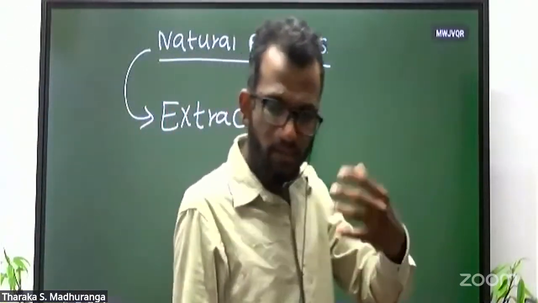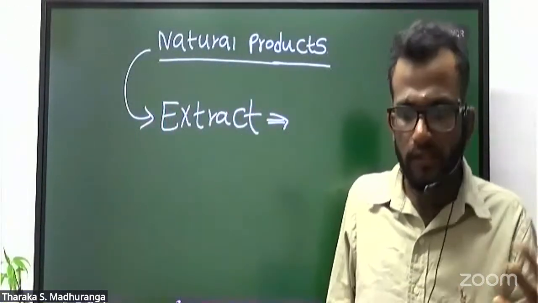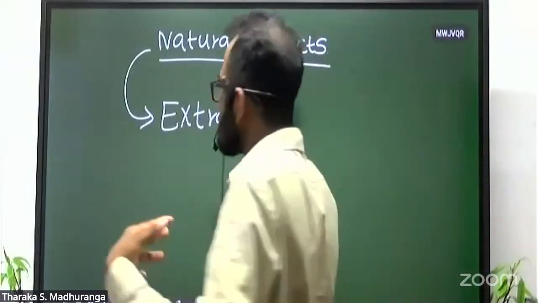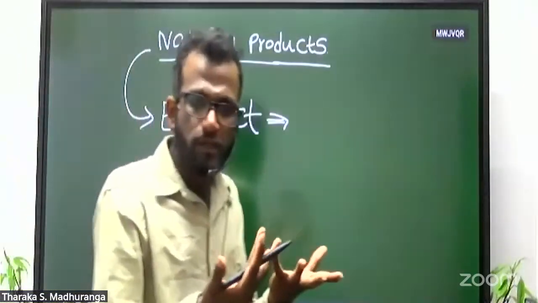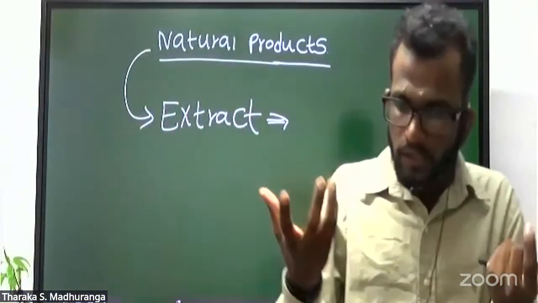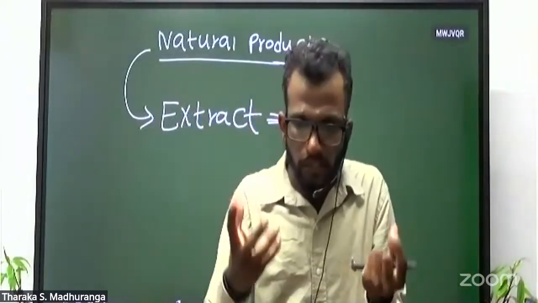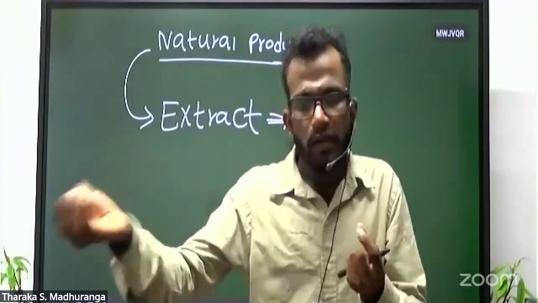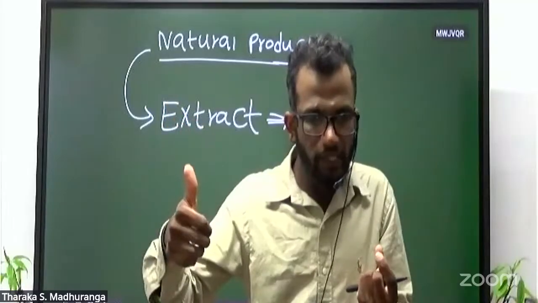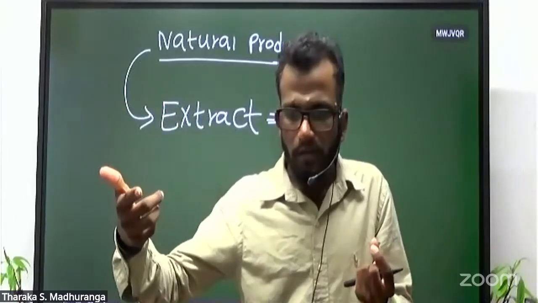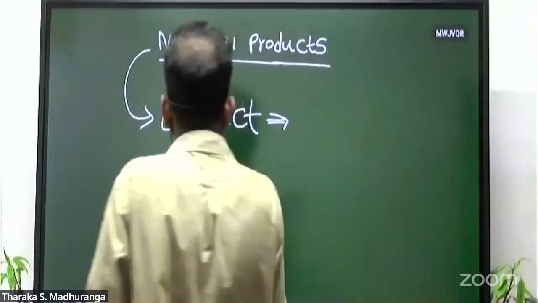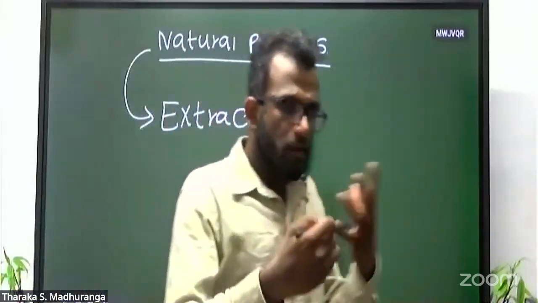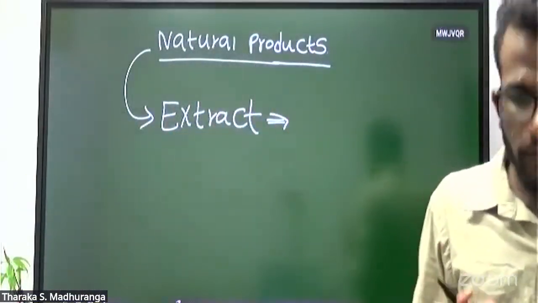The general meaning is separation. We separate natural compounds from the natural source, and these compounds are used for different industries like the medicine production industry and the cosmetic industries. That is the target of this lesson.